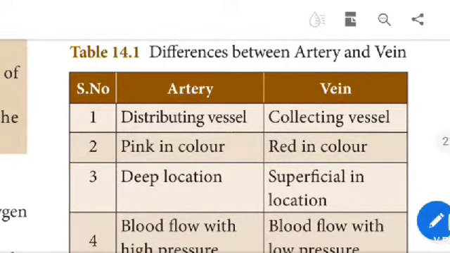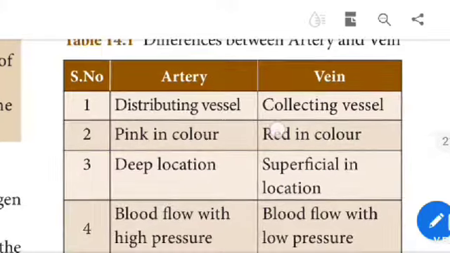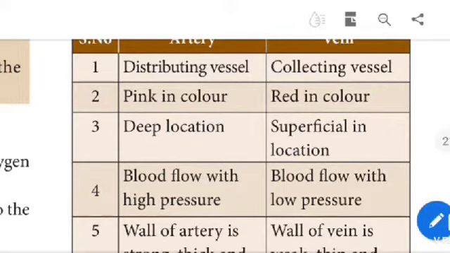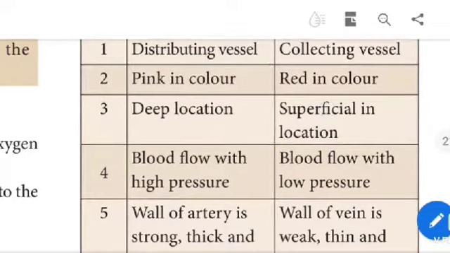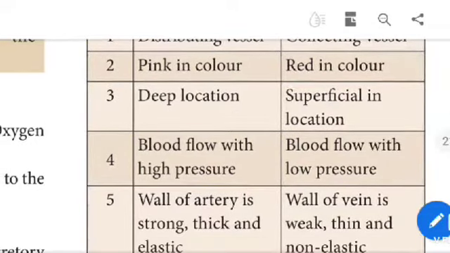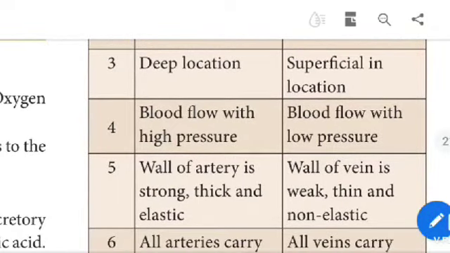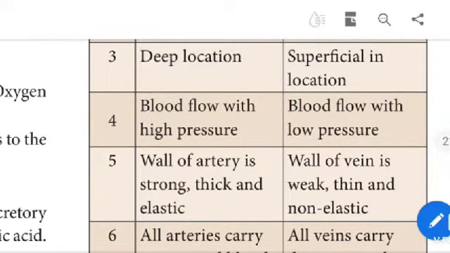Differences between artery and vein. Arteries are distributing vessels; veins are collecting vessels. Arteries are pink in color; veins are red in color. Arteries are deep in location; veins are superficial in location. In arteries, blood flows with high pressure; in veins, blood flows with low pressure.